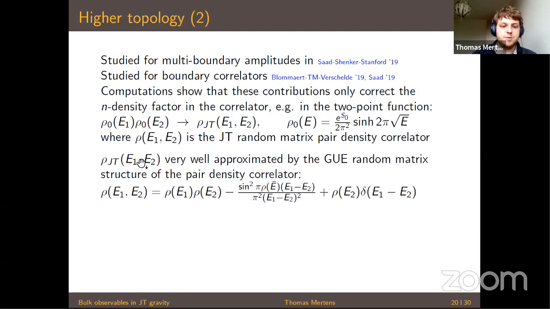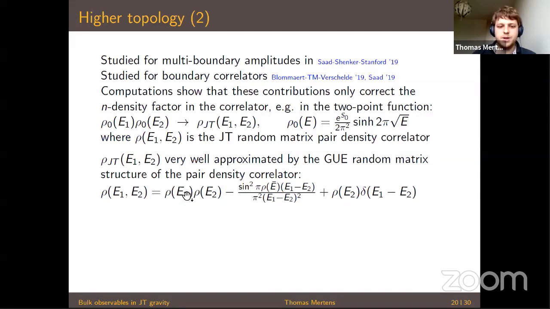And then in turn, this paired density correlator is very well approximated by the Gaussian unitary ensemble random matrix structure. So the GUE paired density correlator has this famous structure. And as long as S0 is sufficiently large and E1 is close to E2, which is where we will find all of the effects we want, this is a very good approximation.